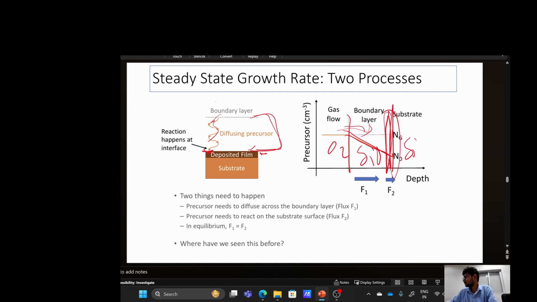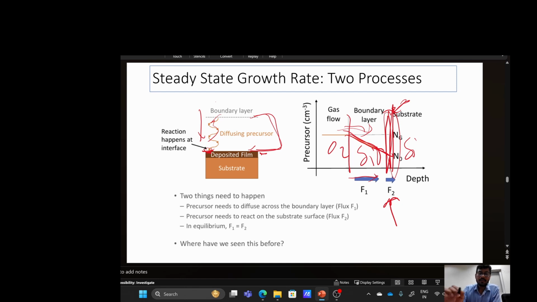At this interface the reaction is happening, and there are two things. There is a flow of oxygen, or the precursor, which is determined by diffusion, and the second is the reaction. One is diffusion and another is reaction.